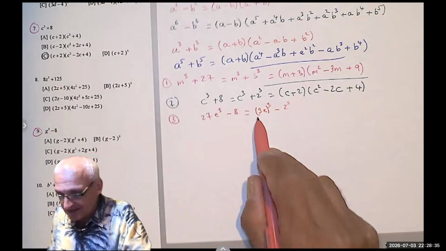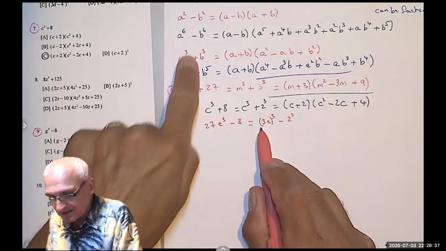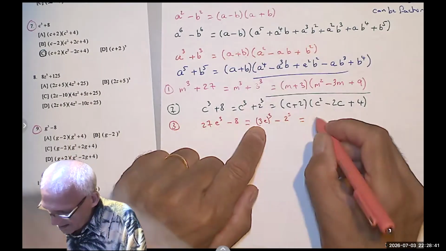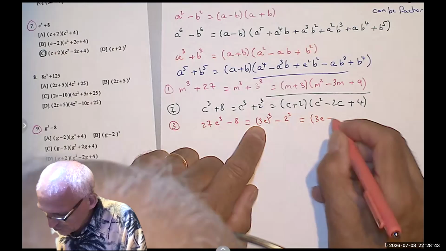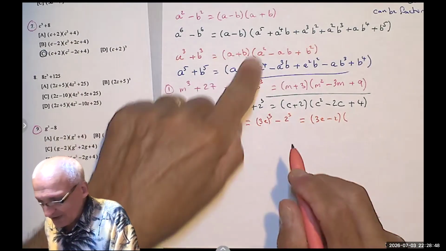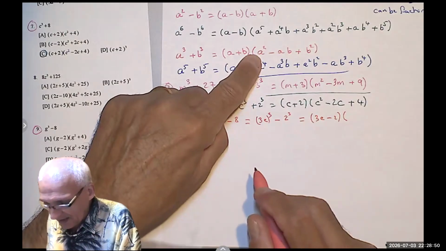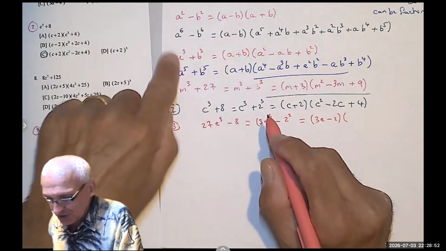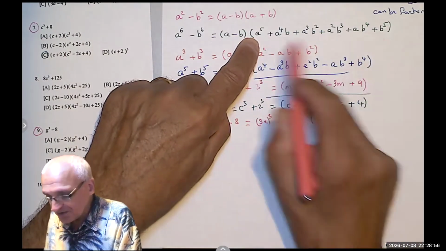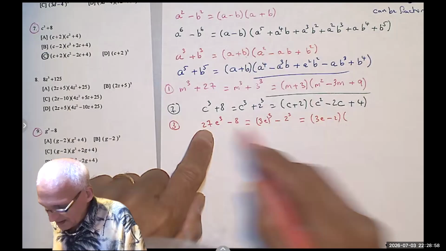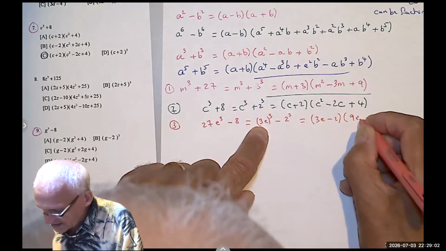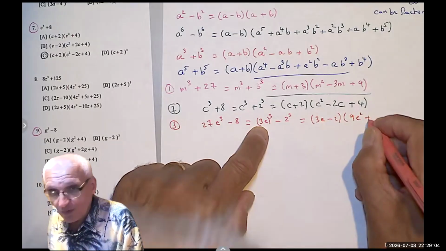But this is minus. Remember what we do with the minus? We say 3e minus 2, and then, I'm sorry, we are in the minus, so everything is positive. You start with 3e squared, which is 9e squared, plus, always plus.